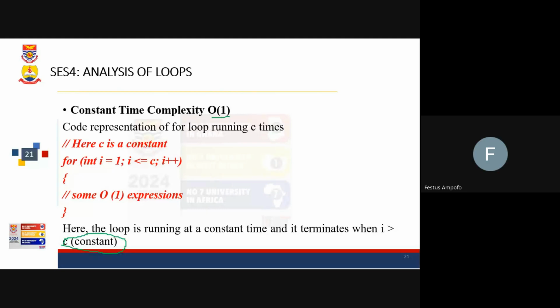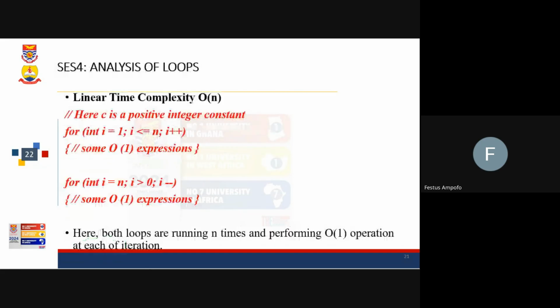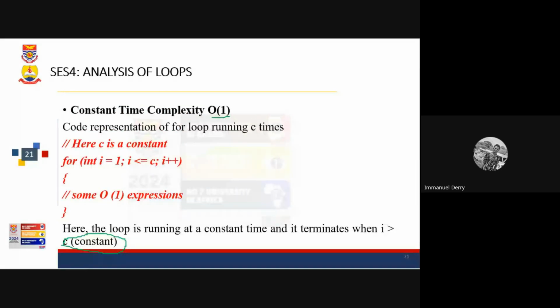Okay, so the definition will help when you define it, that is where it will help. Obviously the variable should be defined. The C here is a constant. And as one of you said, the moment you use a for loop, you know the number of times the algorithm will run. So if it is 6, that means the C is going to be 6. But in some instances, you wouldn't know.